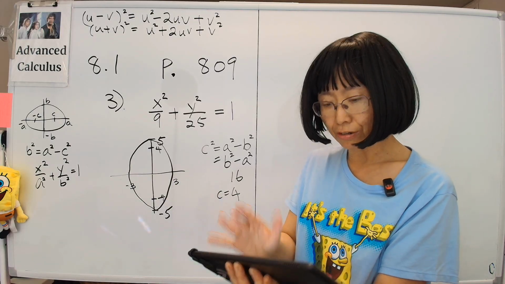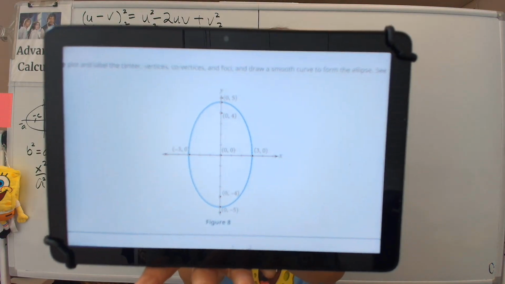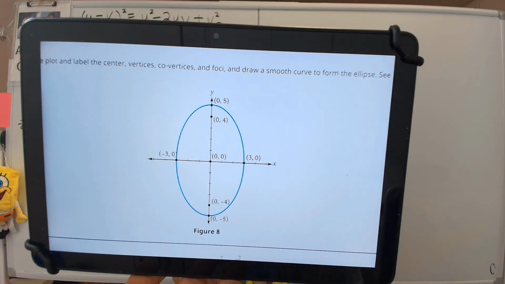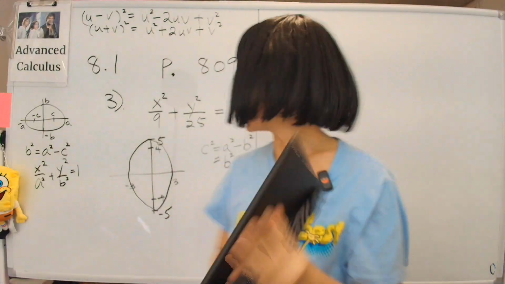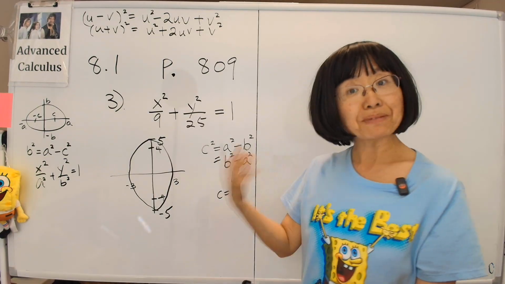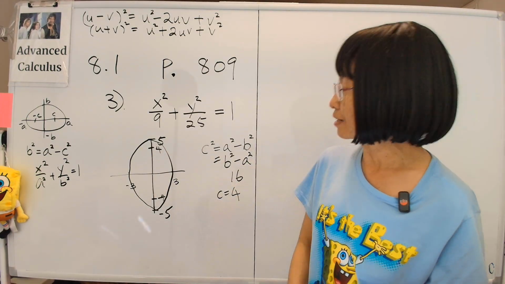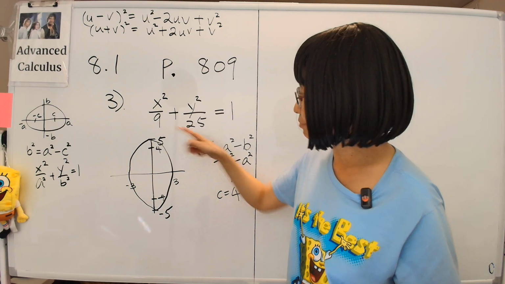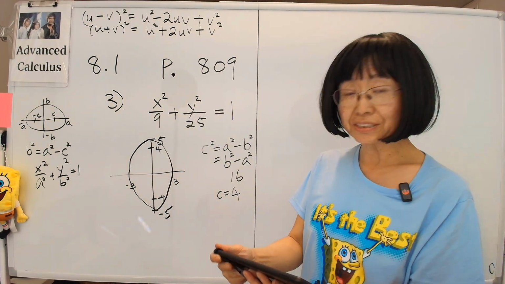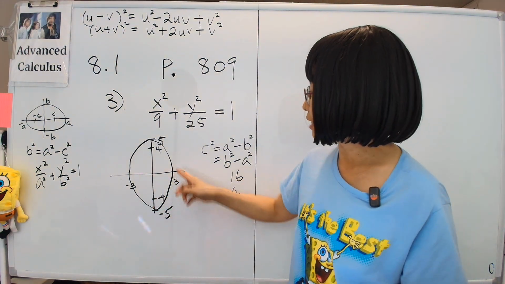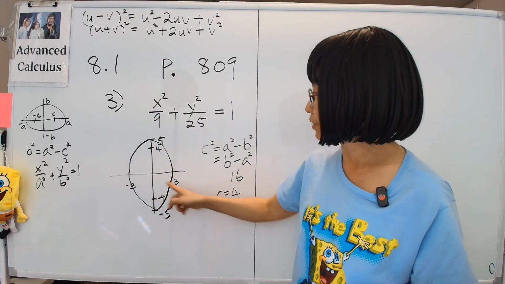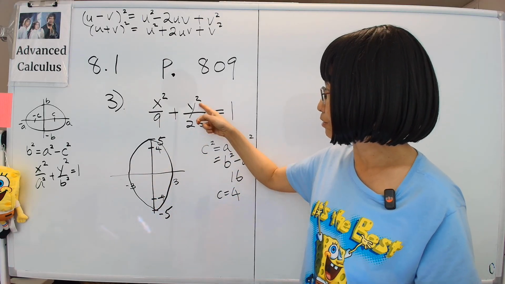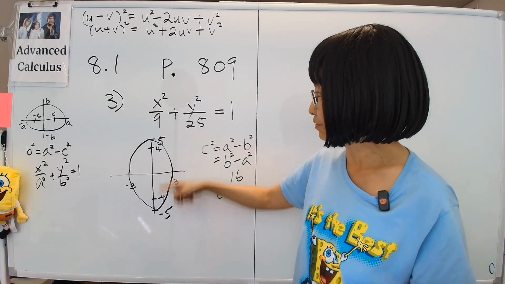If you look at the following page, you can see that they have drawn a similar thing, but it looks much better, being that they used a calculator or computer, whereas I'm doing this by hand. But the basic idea is there. You just envision some kind of oval-shaped object where the left and right sides correspond to the square root of this number, and the top and bottom, the y-coordinate, correspond to the square root of that number.